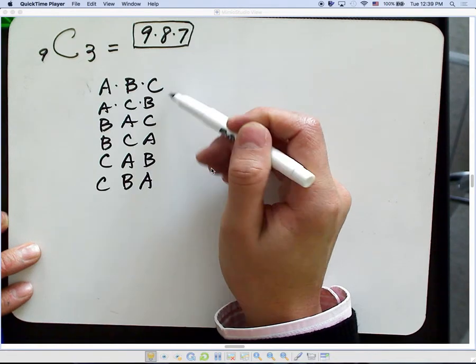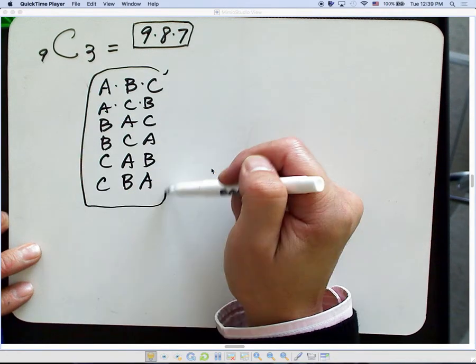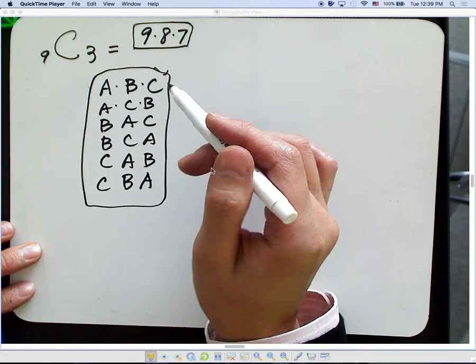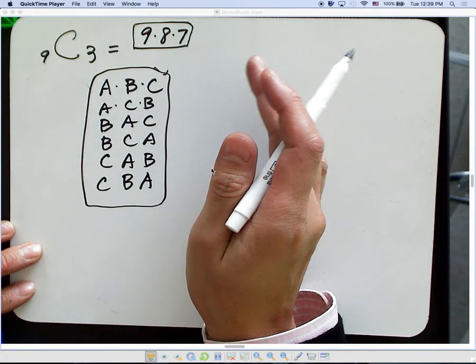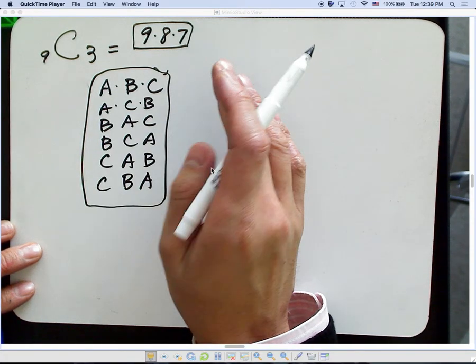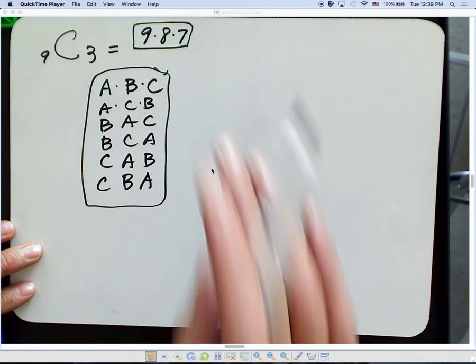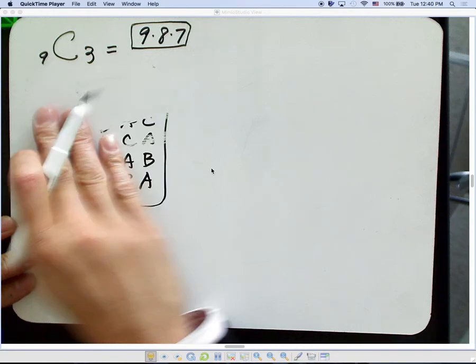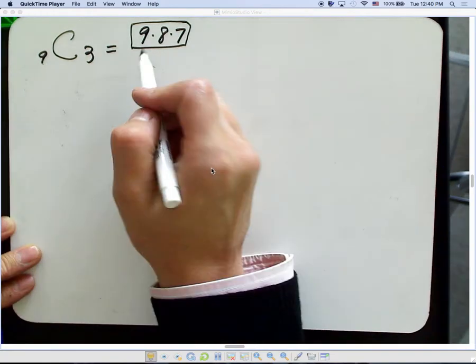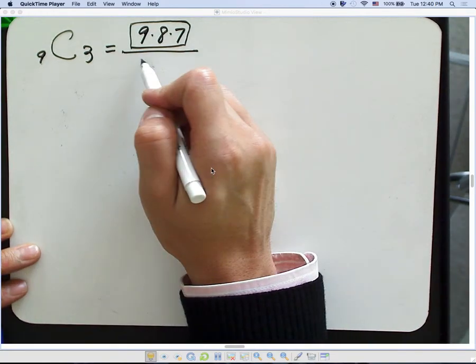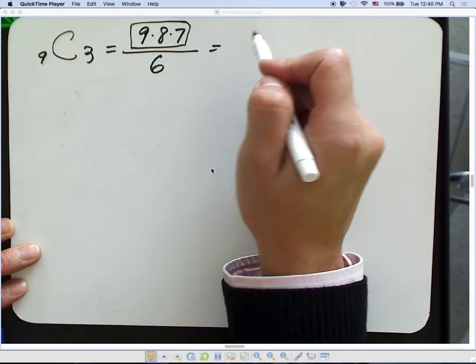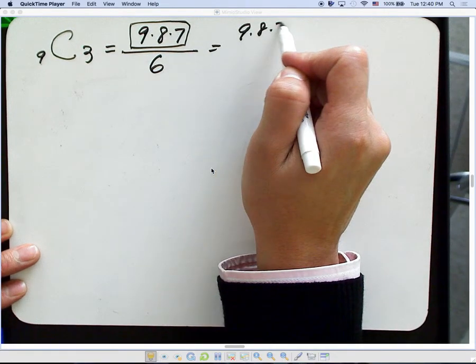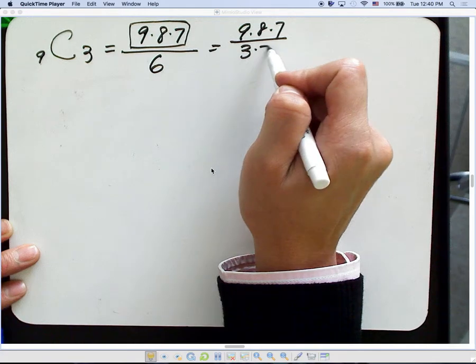But in a combination, these are all the same group. We don't care how they are lined up. So we are actually counting 6 times per one combination. So we have to divide 9 times 8 times 7 by 6, which is 9 times 8 times 7 all over 3 times 2 times 1.